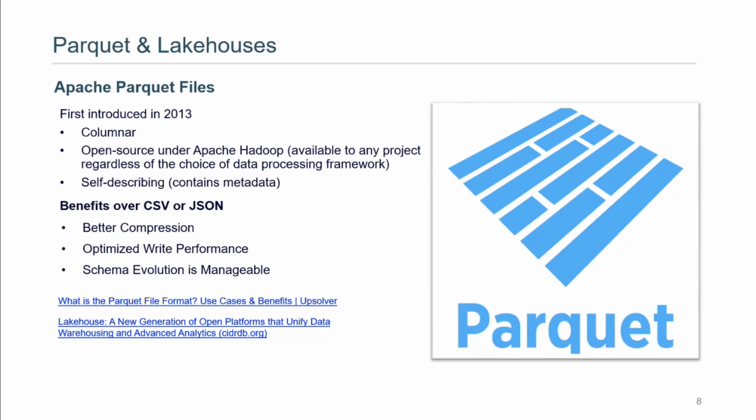Parquet was not a file format I was familiar with before I started my role as a data engineer, but it has a lot of features that are very powerful for data analysis and data storage. I think it's really helpful to understand the difference between this and something like CSV or JSON. A Parquet file is going to be stored in a columnar way, whereas CSV would be rows.